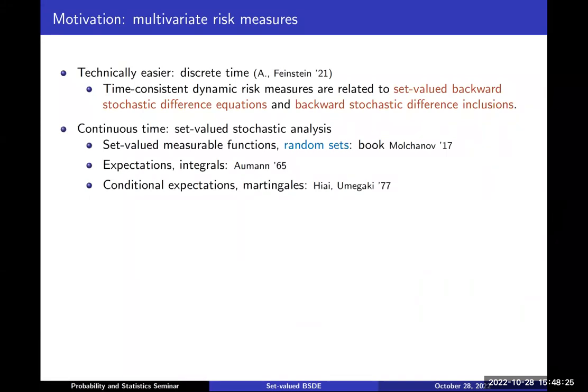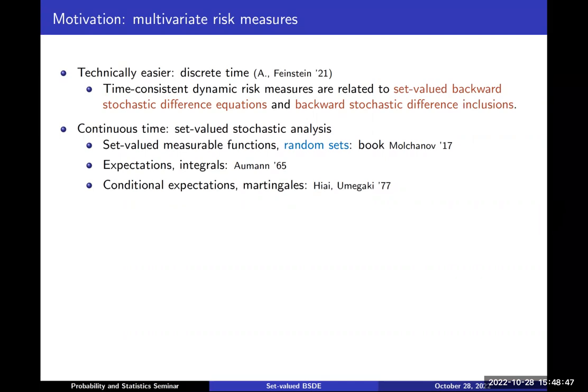What happens in continuous time? You need to work in the field called set-valued stochastic analysis, which means that you need to study objects like set-valued stochastic processes, random sets. At a fixed time, you have a random set. How do we define its expectation?